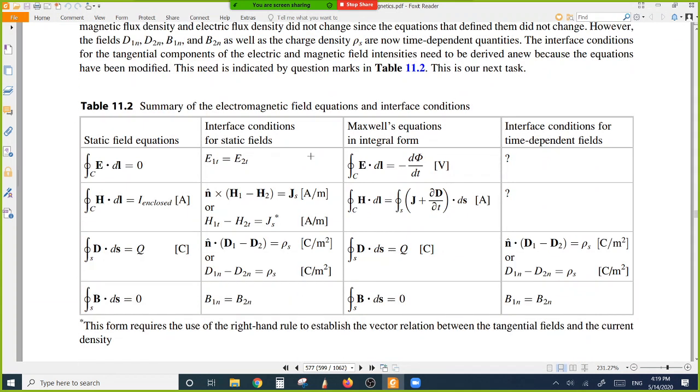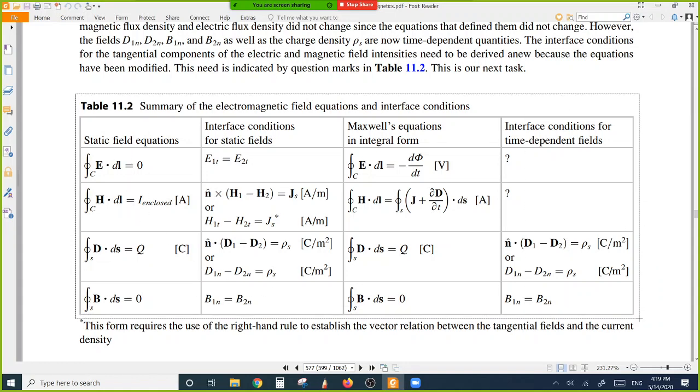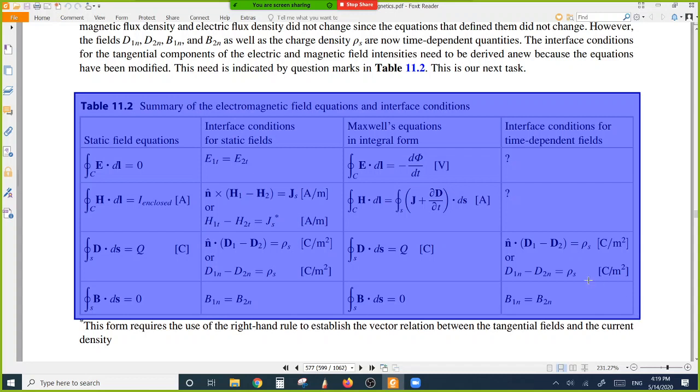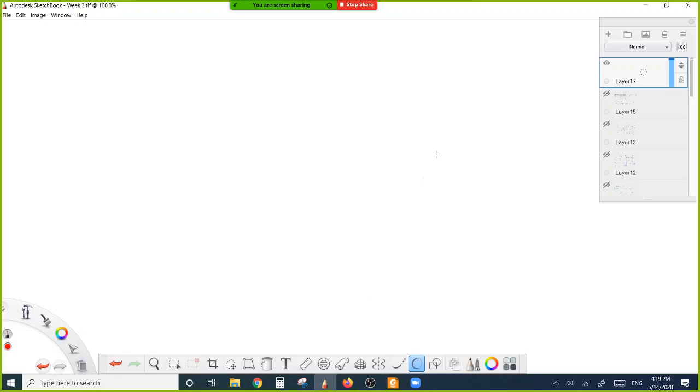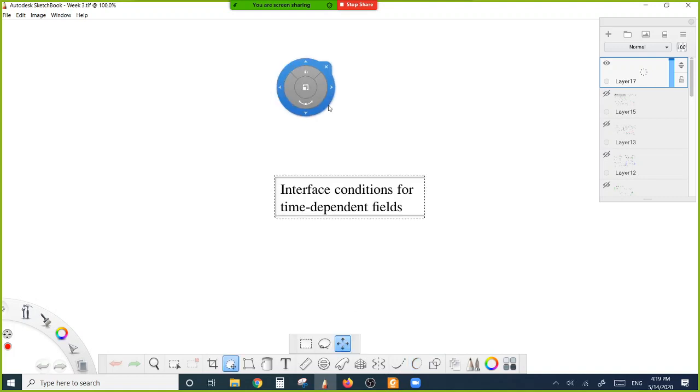So far we have discussed the boundary conditions in electric fields or in magnetic fields. And what are the boundary conditions in time-dependent fields? So far we discussed only stationary fields.